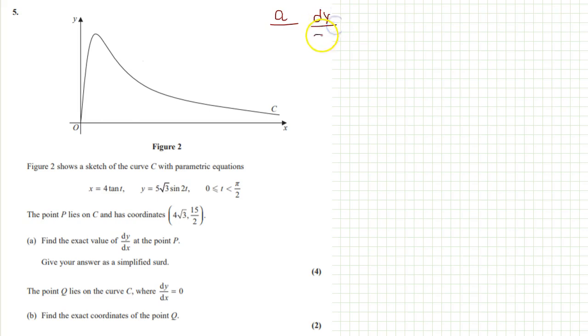So dy over dx will be d over dx of y, which is 5 root 3 sin 2t, over d over dx of x, which is 4 tan t.